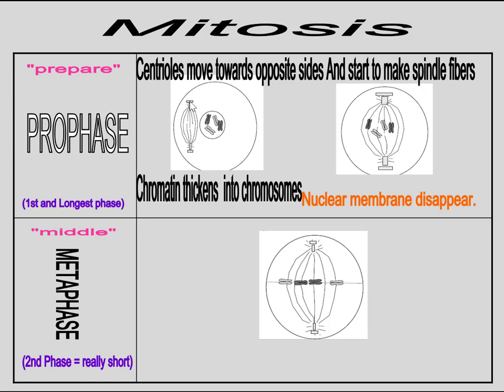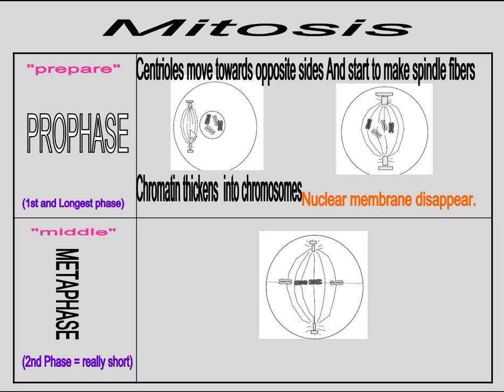These are our centrioles. The tic-tacs are the centrioles. They are going to start making spindle fibers. That's what these strings are. The centrioles and spindle fibers are going to help pull everything apart. They start to get ready. My centrioles are going to move to the opposite ends, and the spindle fibers are going to get longer.